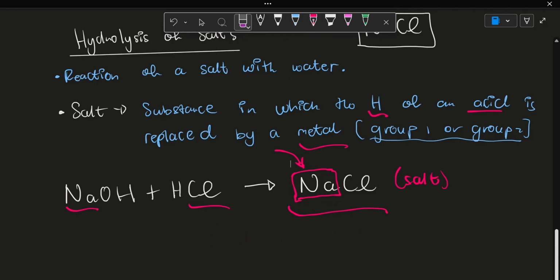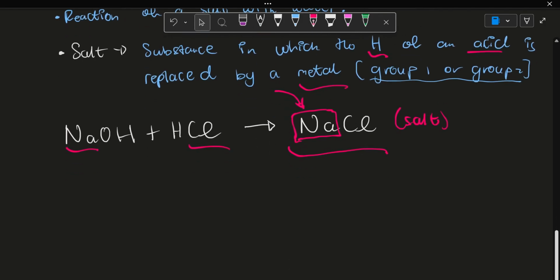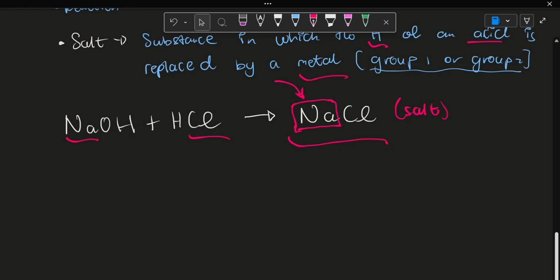And how I would actually like to remember it, and how I prefer my kids remember it, is this way. In a salt, you would typically have some metal and some non-metal, right? Okay, that's a salt. So I would say it's some metal and some non-metal.